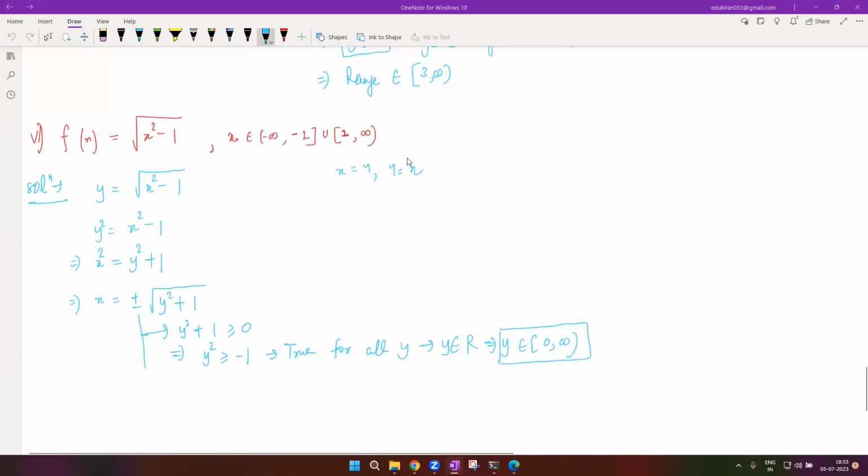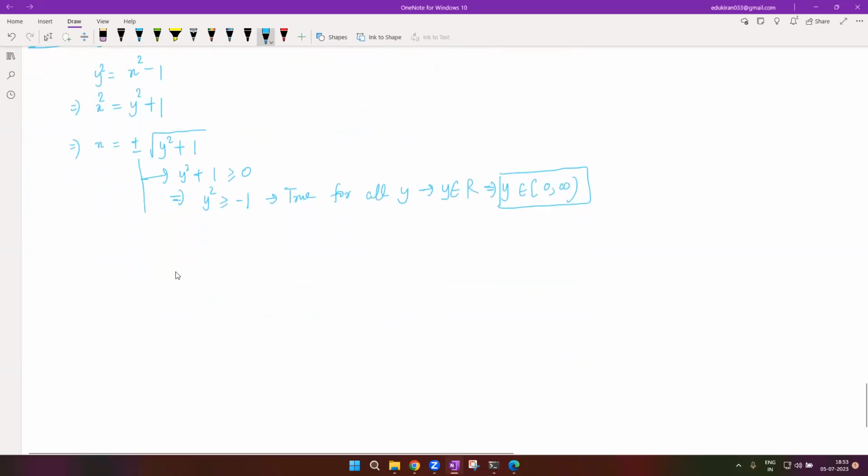y is equal to f(x) is equal to root over x square minus 1. So if they frame the question, they'll frame it like this.